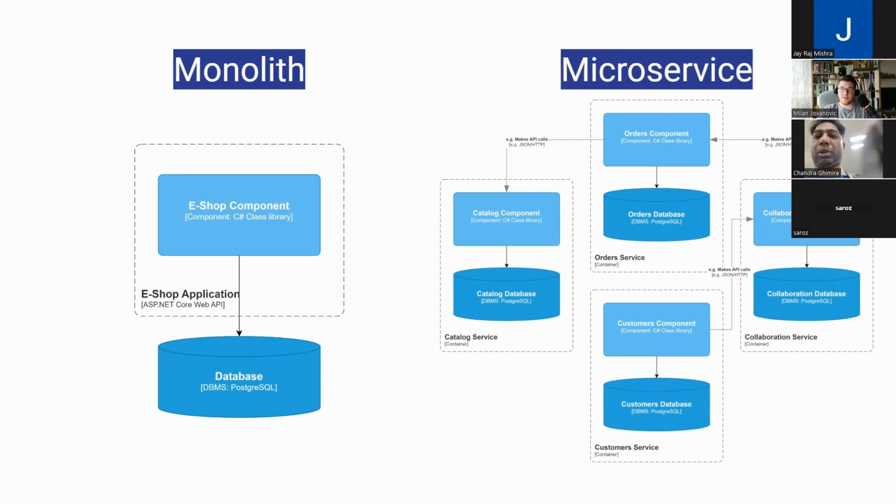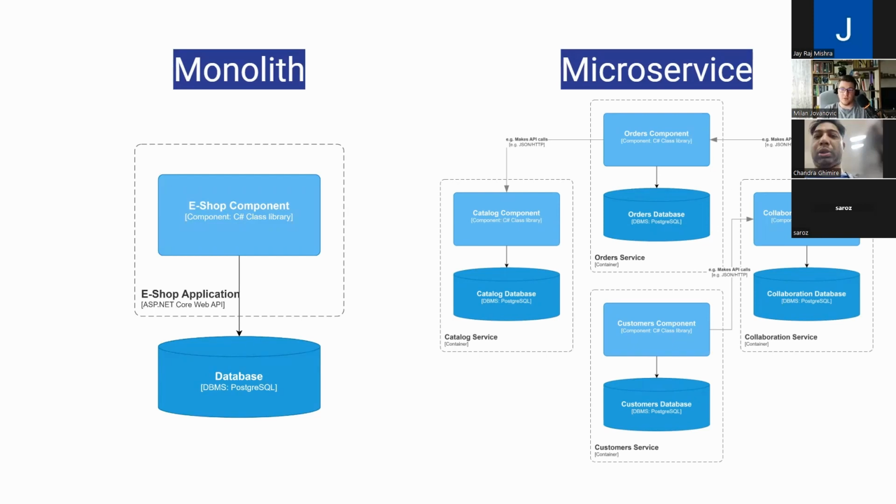So we end up with the catalog service, the orders service, the customers, and collaboration services. So now, instead of everything being inside of a monolith, you have 4 services, each one being a separate web API, let's say. Each one has its own database, and each service is responsible for a subset of the features of the entire monolith.